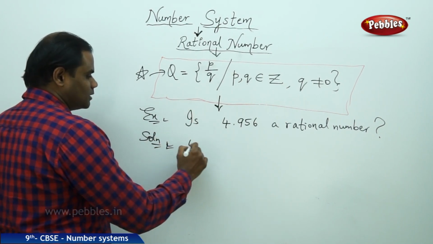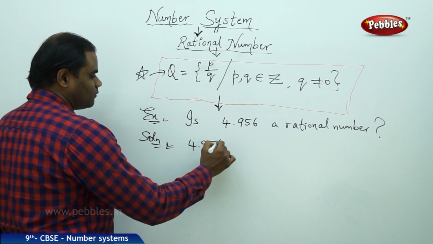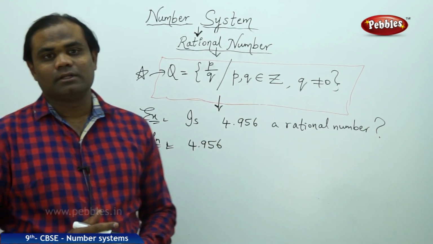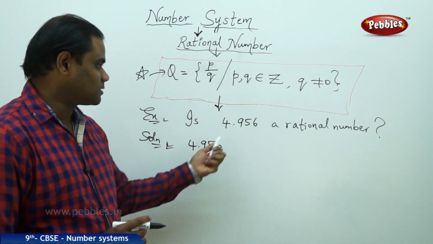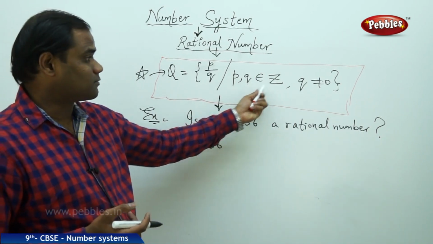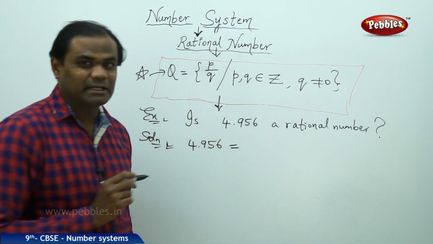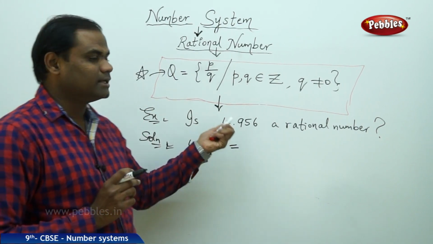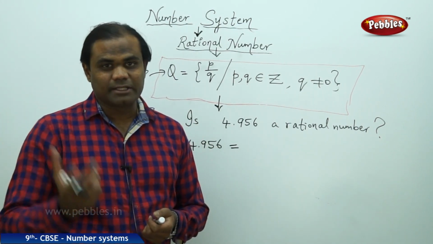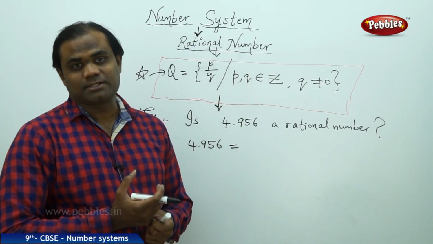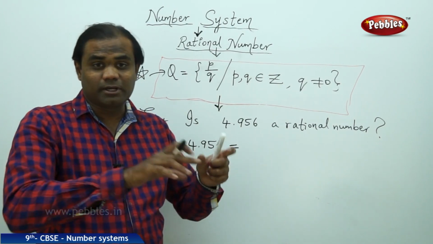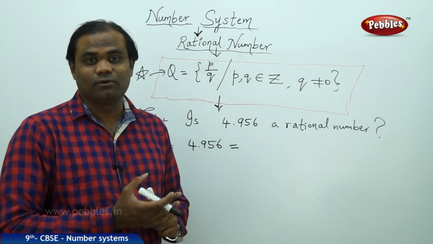The given question is 4.956, and let's see if this can be expressed in the form P by Q, satisfying these two properties. Now, when I take the more simplified form, I clearly understand that any decimal to be tested for a rational number should be converted into the non-decimal form.